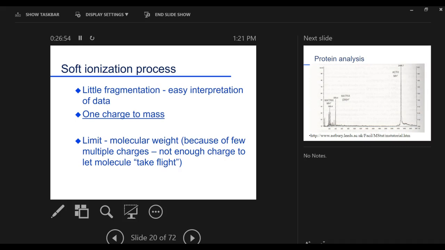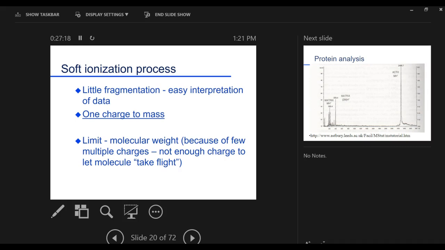And it does give us one charge per piece of sample, per molecule of sample. So it only gives us one charge. And that's kind of relevant because as I'm trying to draw these things up and get them moving down the road, they're big with only one positive charge. I have a heck of a time getting them moving.